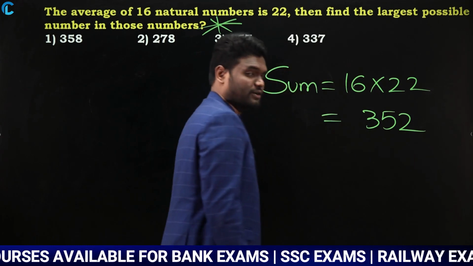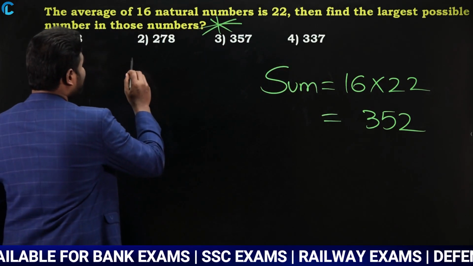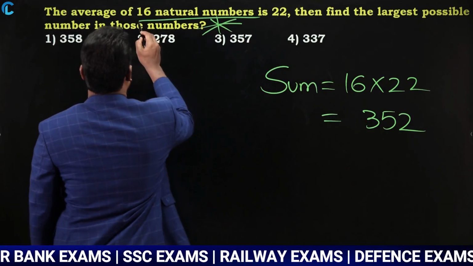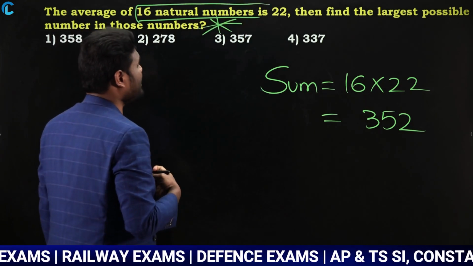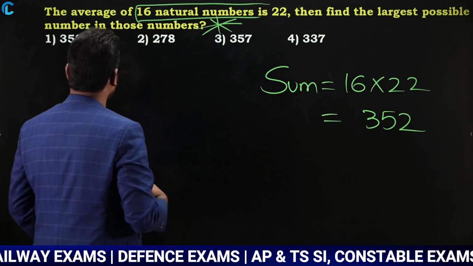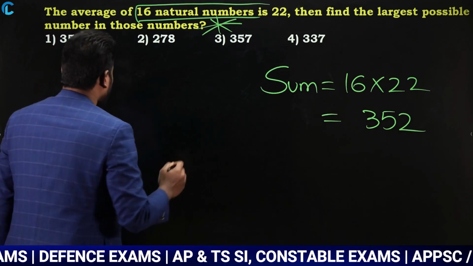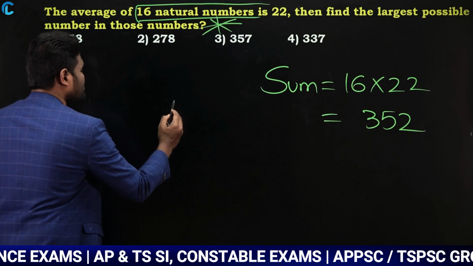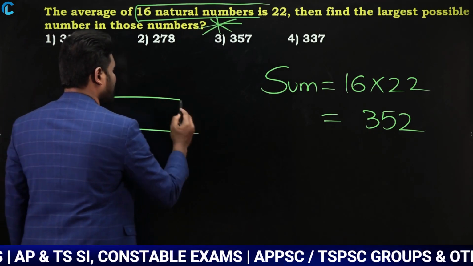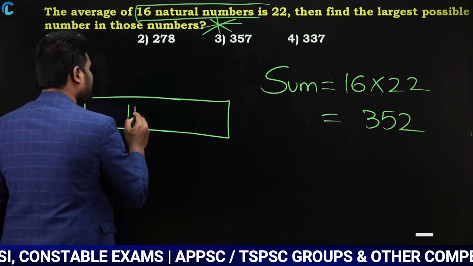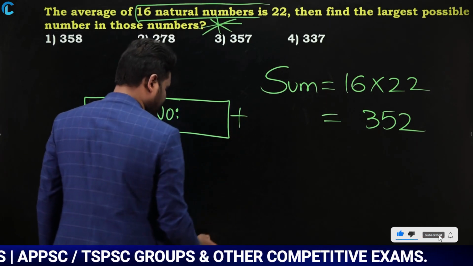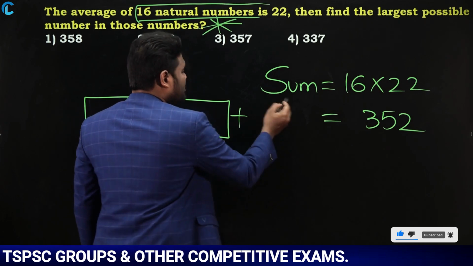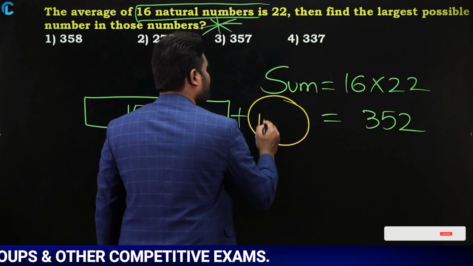So the sum is 352. Now if you look here, out of those 16 numbers, I need to take these 15 numbers as minimum, and this 16th number is going to be maximum.